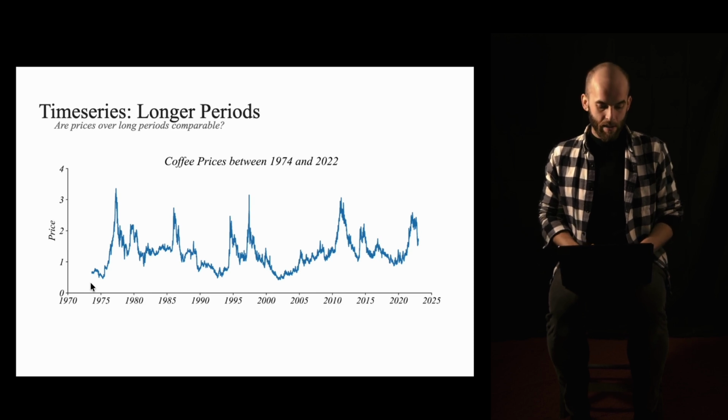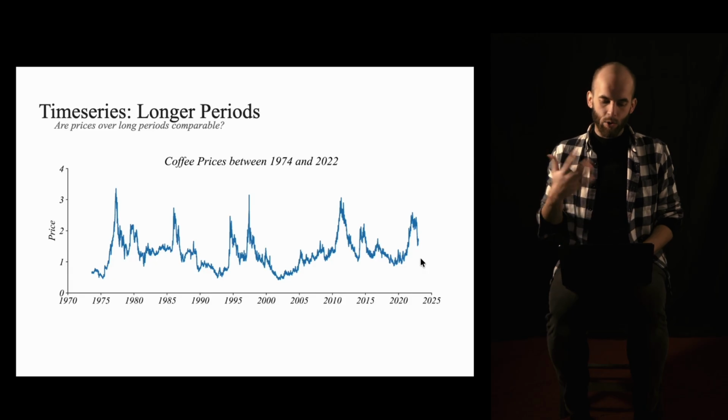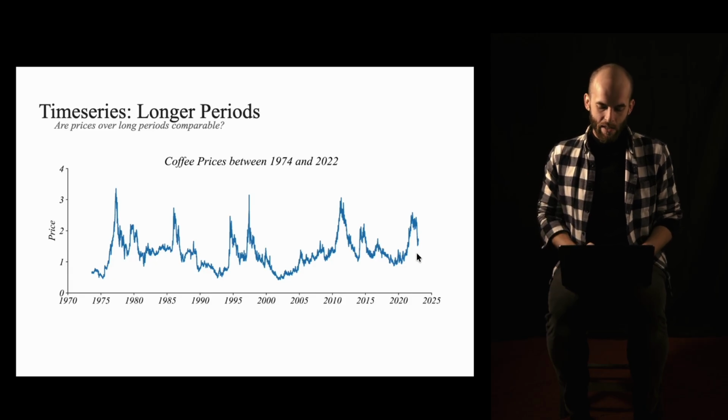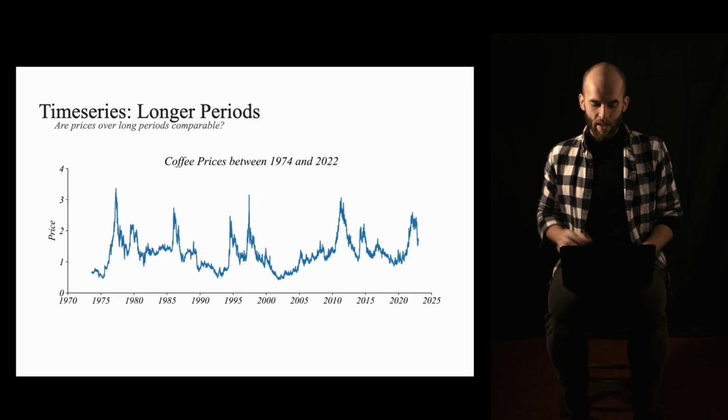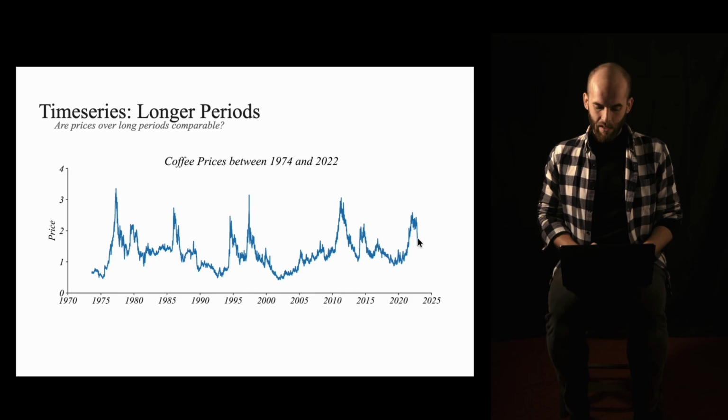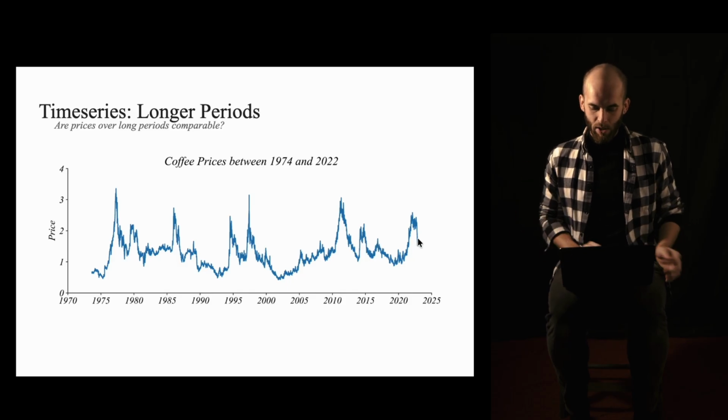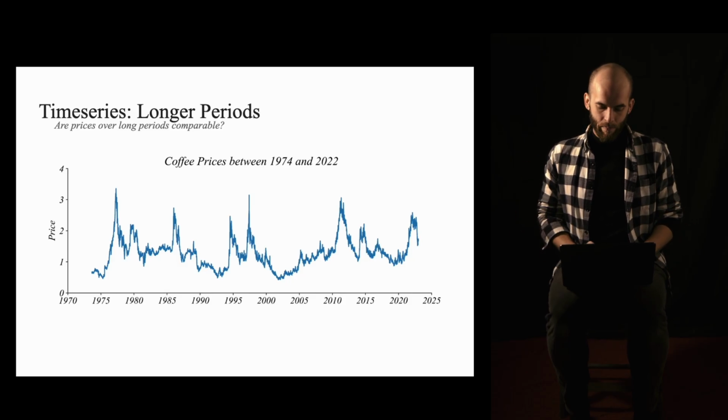We're starting at the mid-70s, and then progressing all the way until the present. Do you notice any patterns or trends in prices during this period? Well, when I'm looking at this, it generally looks like prices are pretty flat. I don't notice any major patterns. There's a lot of variability, so sometimes prices spike and sometimes prices drop.